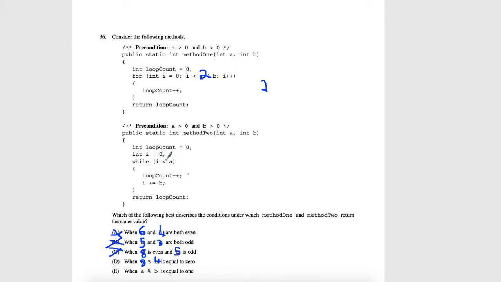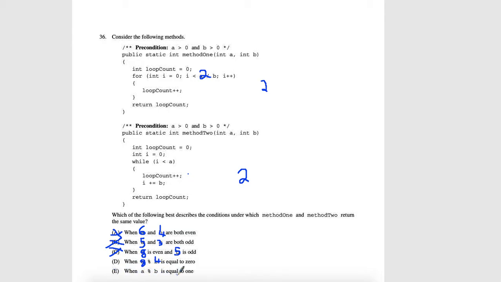In this loop, we will start from 0, and loop count will increment, and then I will increment by 4. Then, is 4 less than 8? Yes, it is. Loop count will increment and become 2, and then we will add 4 onto I. I now becomes 8. Is 8 less than 8? No, it isn't. So we don't increment loop count again, and loop count will be 2. Here, they actually are both the same, so that looks okay. And then we should go on and test the next one.